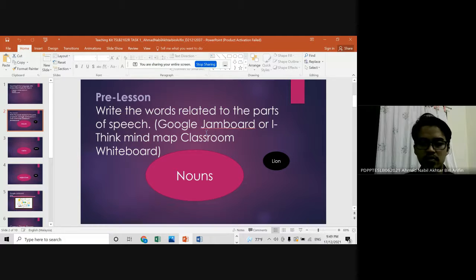If you are doing it in your class online, you can use the Google Jamboard, or in a physical class, you can draw a mind map or a graphic organizer for the students to participate and think of parts of speech.